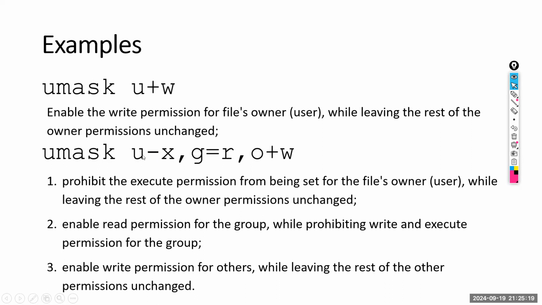If the user's privilege has the execution, we remove it. Group privilege is set to read. For others, we add write privilege. So we are not changing a file, we change the umask. So then when you create files and directories, your new umask is used. So that is the default value minus your new umask.